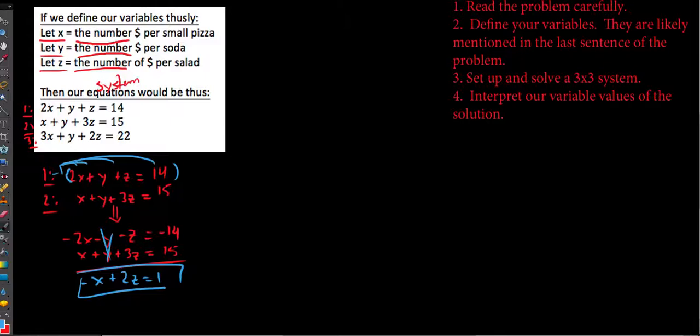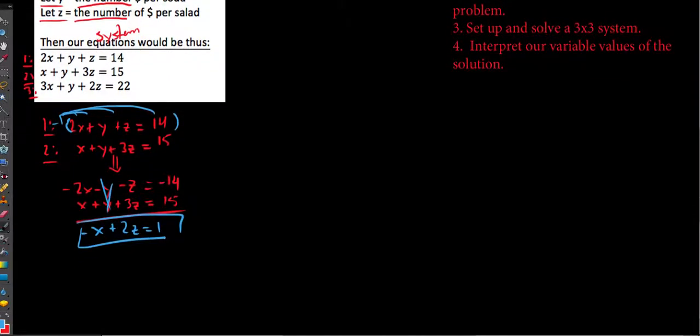So now, I traditionally put this underneath again, except this time I can't use equations 1 and 2. I'm going to use equations 2 and 3. So equation 2 is x plus y plus 3z equals 15. And our third equation here is 3x plus y plus 2z equals 22.